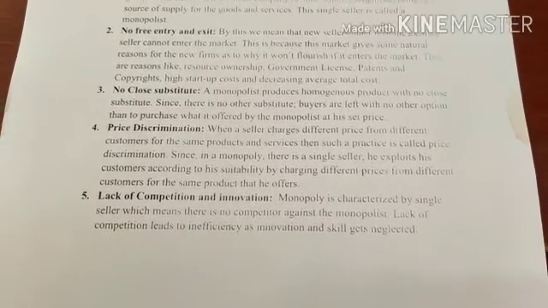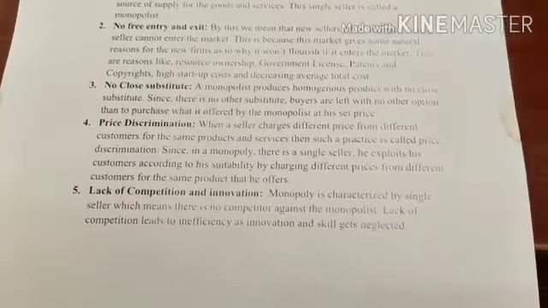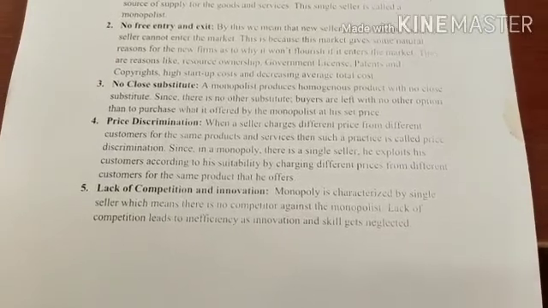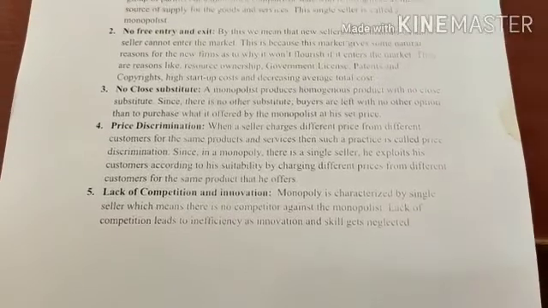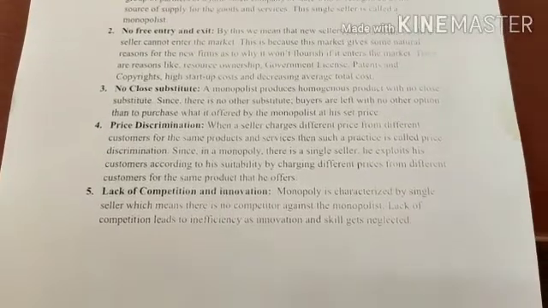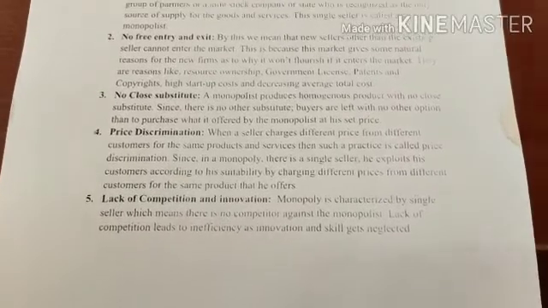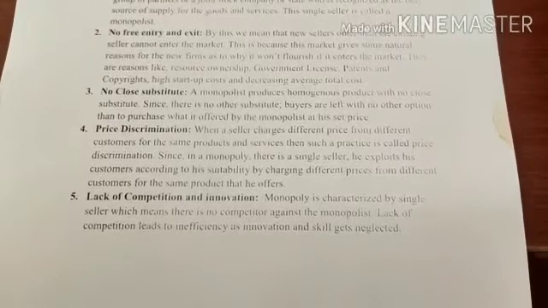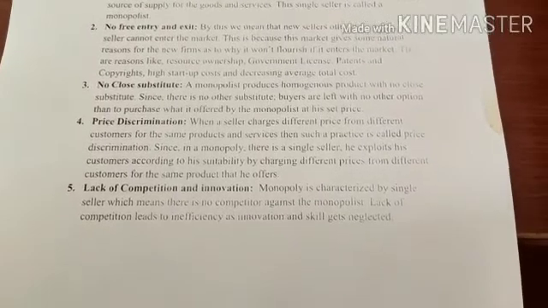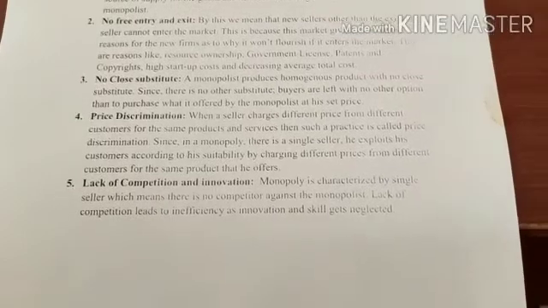The fourth one is that there is price discrimination. First, let us understand what price discrimination is. Price discrimination means when a seller charges different prices from different customers for the same product. That means he is selling the same product, okay? But when it comes to different customers, he will charge different prices from them, just like Indian Railways.